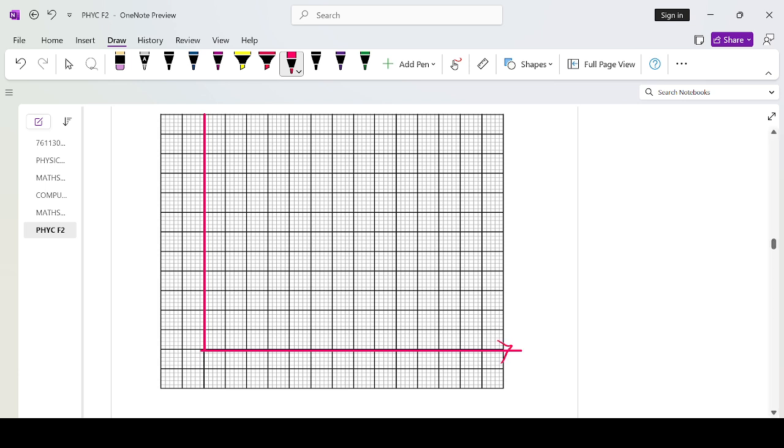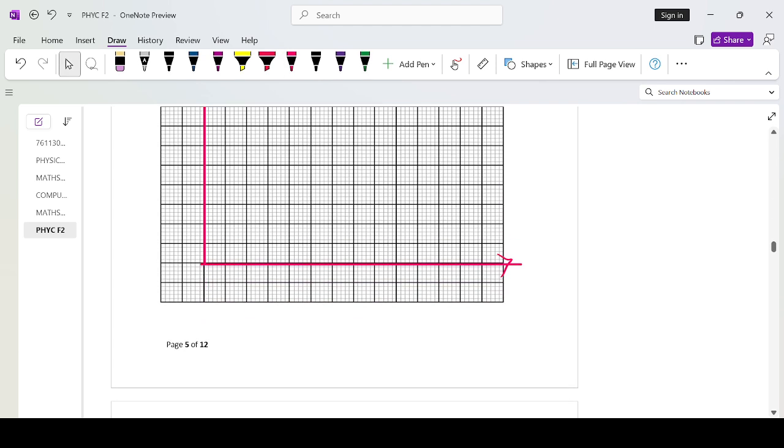After you've drawn your axes in physics, you label your axes. So the x-axis will have extension.